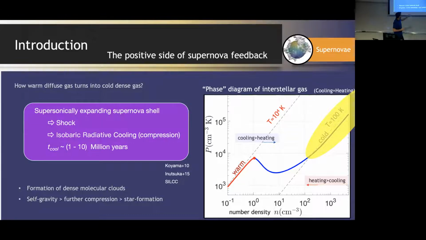At this point, you still have a shock, so you jump up to higher densities, higher temperatures and higher pressures. Then at this point of the curve, cooling exceeds heating, and you start to cool down towards the cold medium. So basically, this is the route you follow.